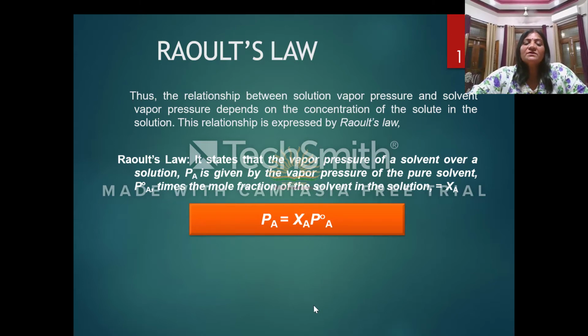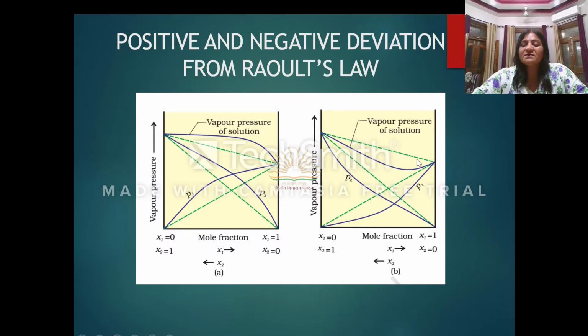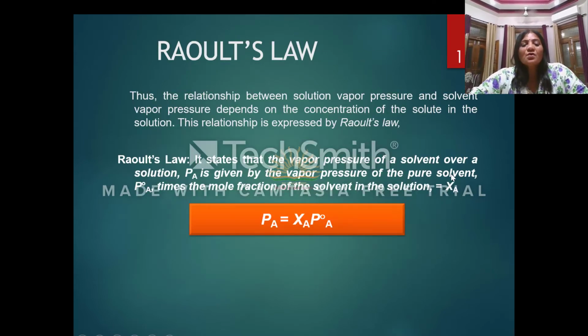Now see Raoult's law. It states that the vapor pressure of a solvent over a solution, PA, is given by the vapor pressure of the pure solvent, P0A, times the mole fraction of the solvent in the solution, XA.